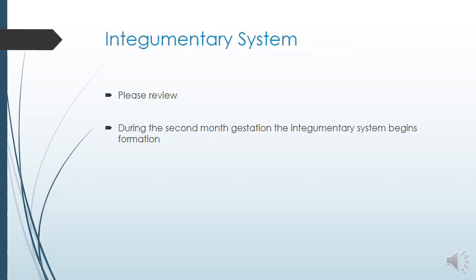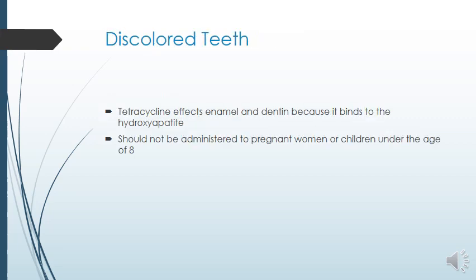Please go to the embryological self-study and look over the formation of the integumentary system. This begins during the second month. The broad-spectrum antibiotic tetracycline should not be administered to pregnant women or children younger than 8 years of age because it can stain the teeth.